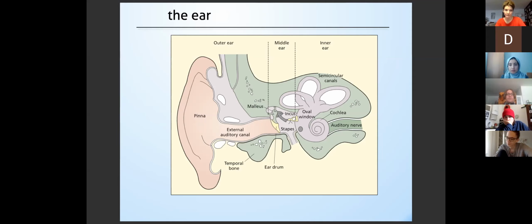So this constant compression and extension in the pressure of air is basically going to provide you the information about who's talking, what this person is saying, what kind of pitch, whether this person has a high tone pitch or low tone pitch, and so on, okay?